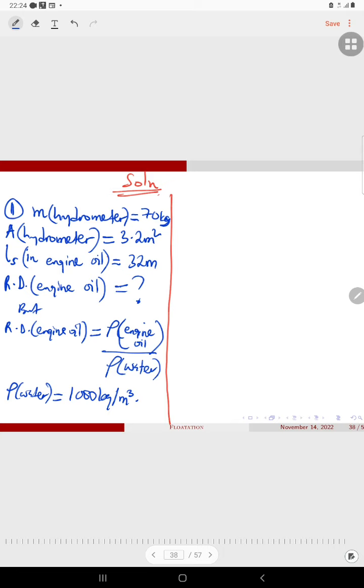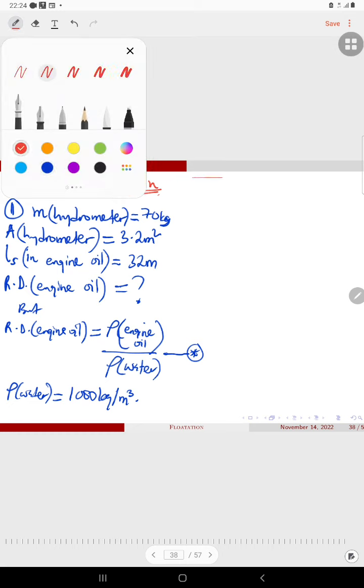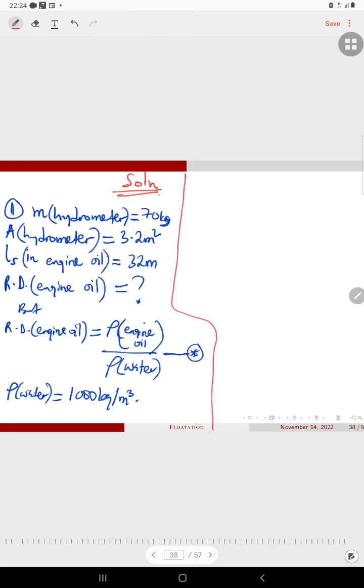So what is our focus? Let me write this equation down. Let me call this equation star. I prefer using star a lot. Our focus is to get, because we were given the density of water, that is why I quoted this formula.